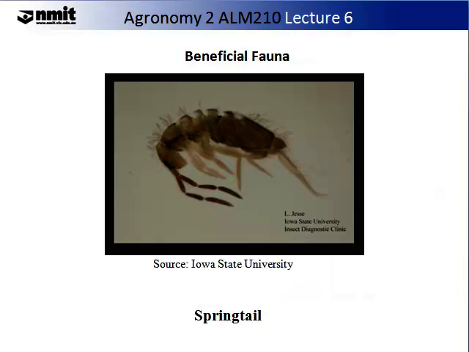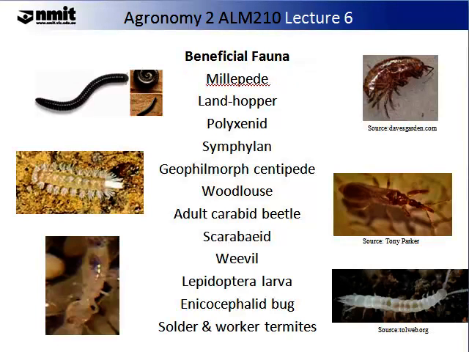Springtails, of which there are many examples, are another good beneficial fauna. Again, it is their physical action of breaking up the soil that adds to the soil structure characteristics. It will probably not surprise you to learn that there is a long list of beneficial fauna, all of which help by their movements to break up the soil and add to a good structure.